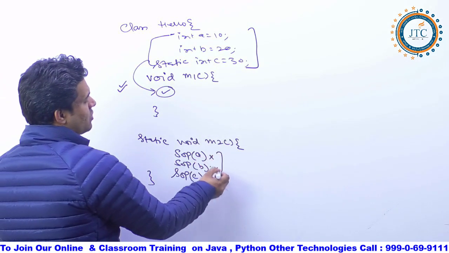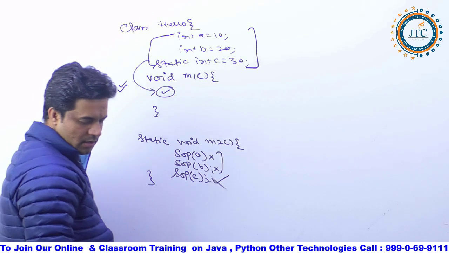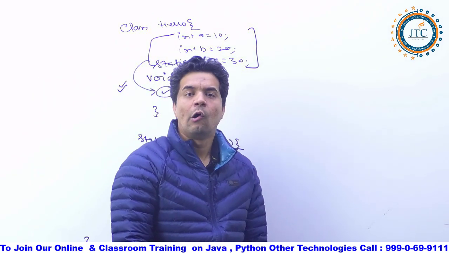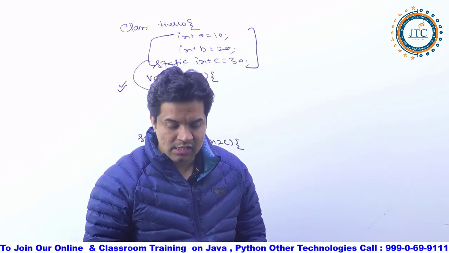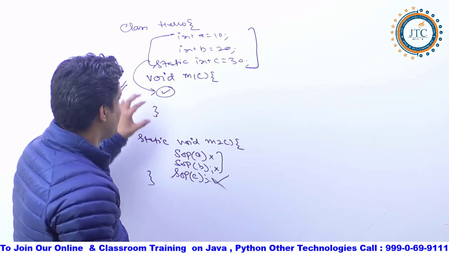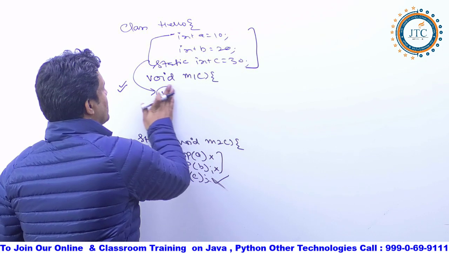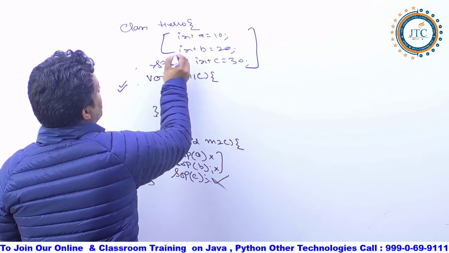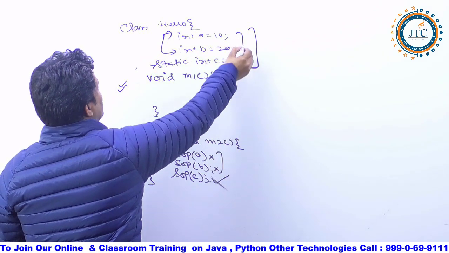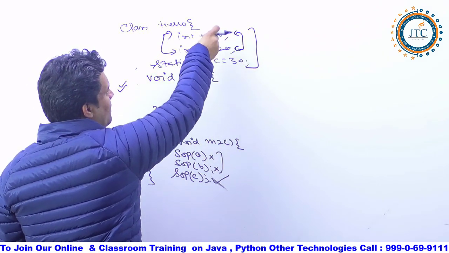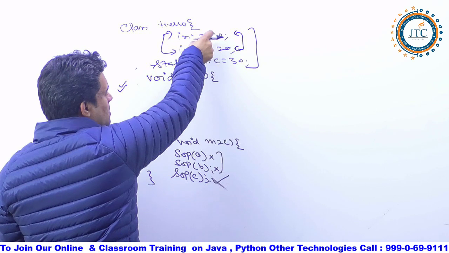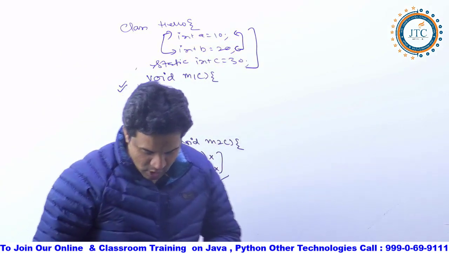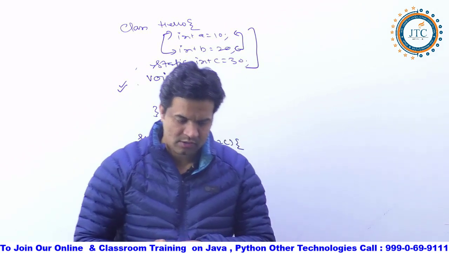We cannot access these two directly. Can you tell me why we cannot access these instance members of a class, A as well as B, inside the static context directly? Can you please reply in the chat box?